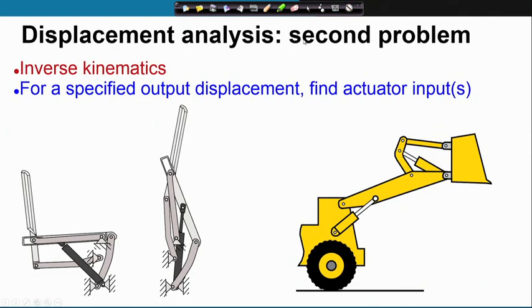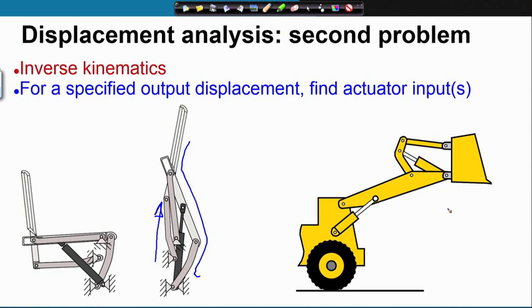In the inverse kinematics problem, which is the second problem, we would like to know the actuator inputs which result in a specified output displacement. For example, I have this standing position of the person. I would like to know what should be this actuator throw, how much should this actuator expand.